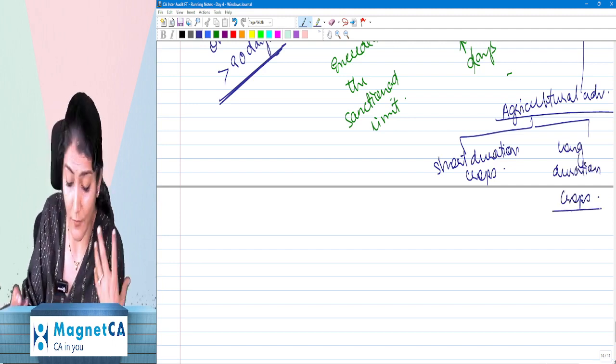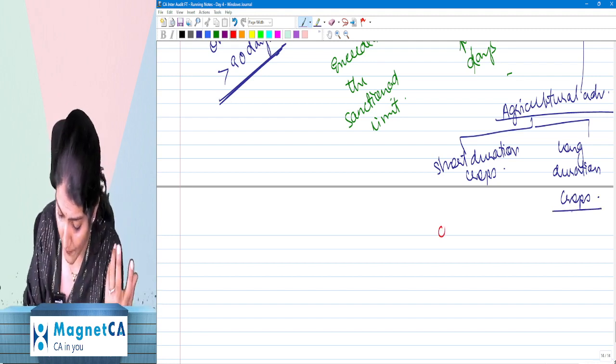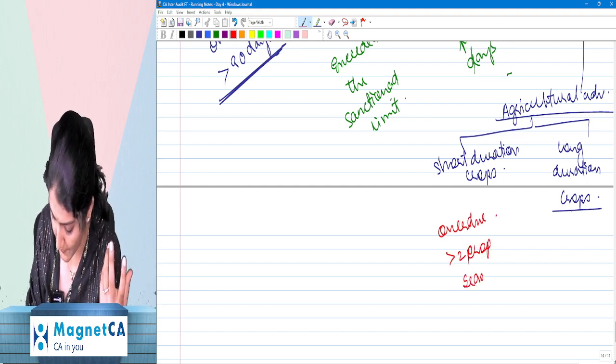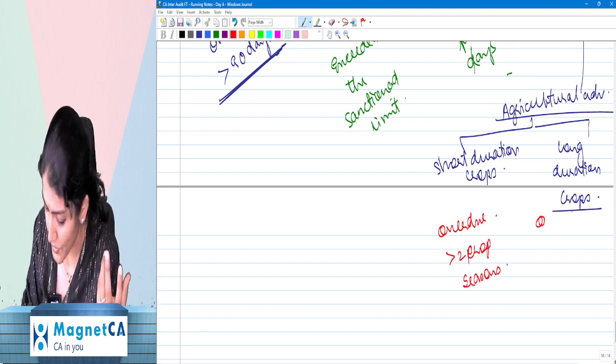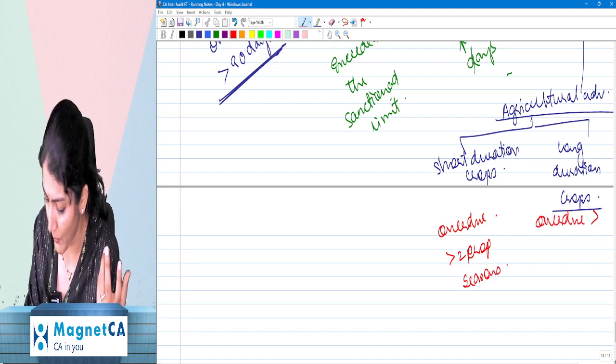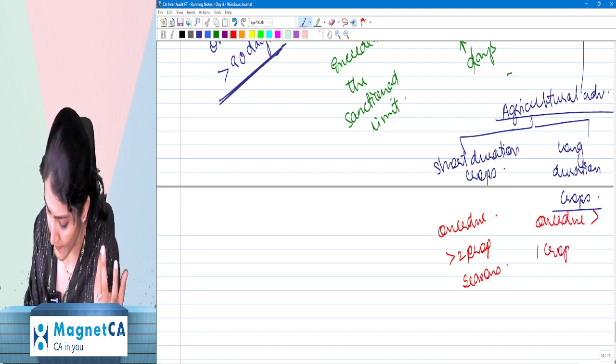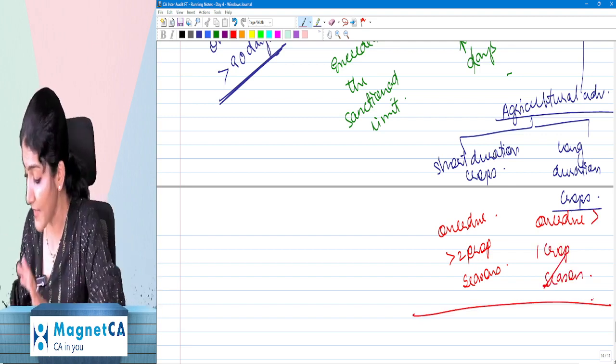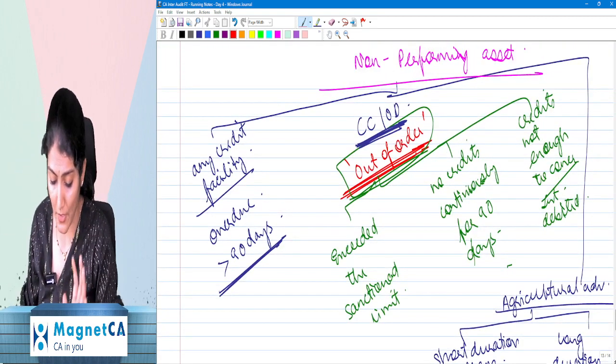So for the short duration crop, if it is overdue for more than 2 crop seasons, and for the long duration crops, if it is overdue for more than 1 crop season, then it becomes an NPA. So agricultural advances depend upon the crop season.